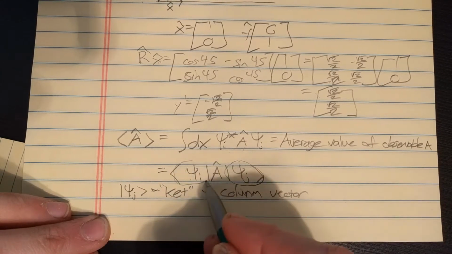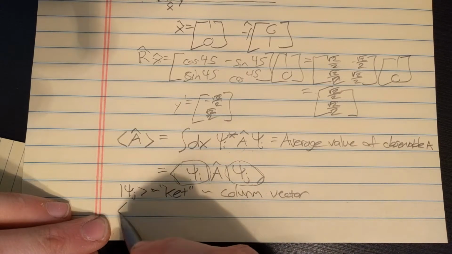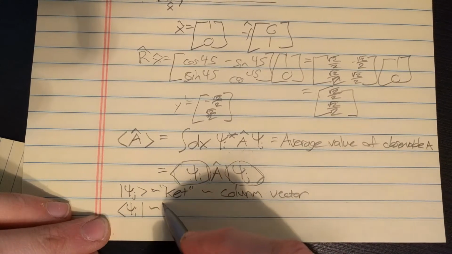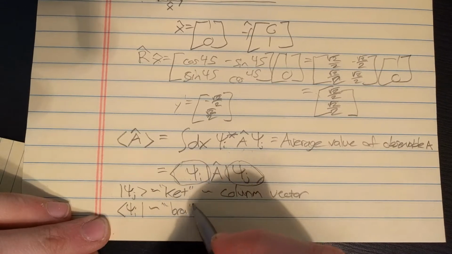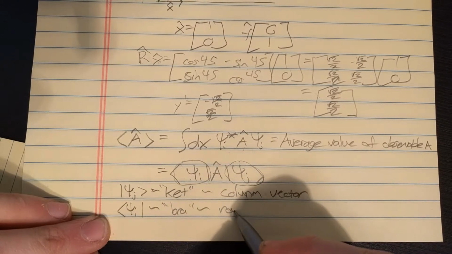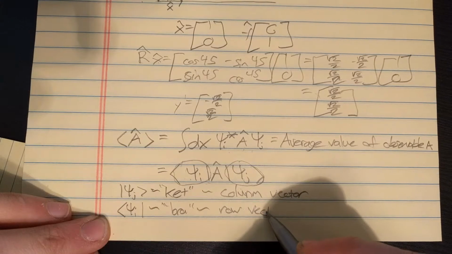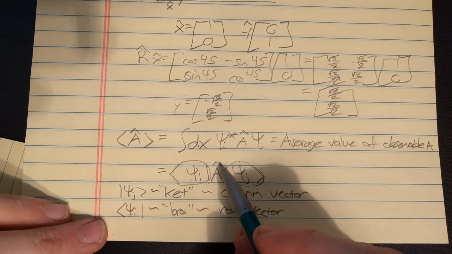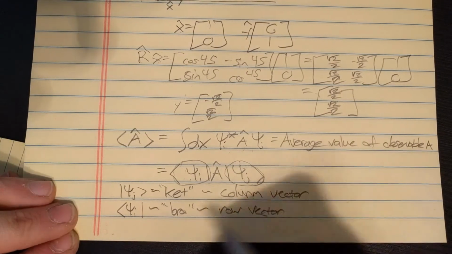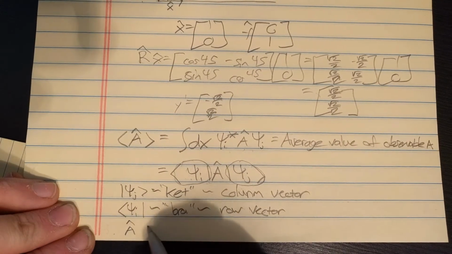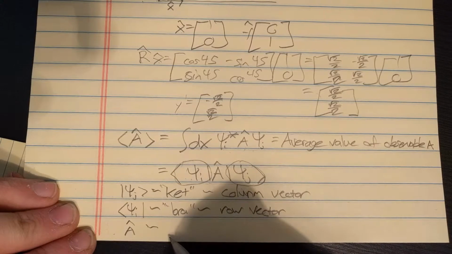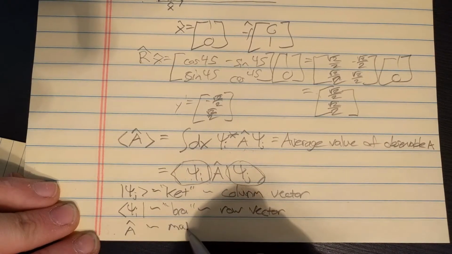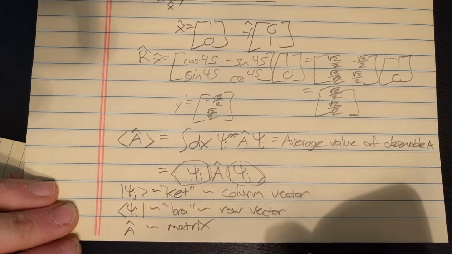Now this one here we would write like this, and this is called the bra. And we can think about this as a row vector. And this part in the middle here is just our operator, A. It's just called the operator, and it is represented by a matrix.